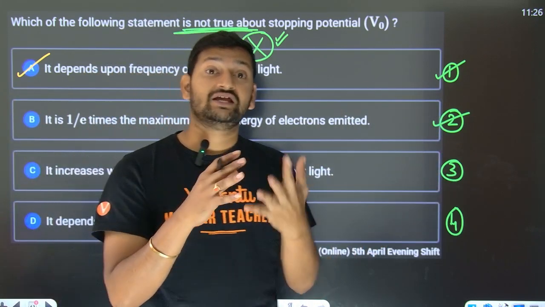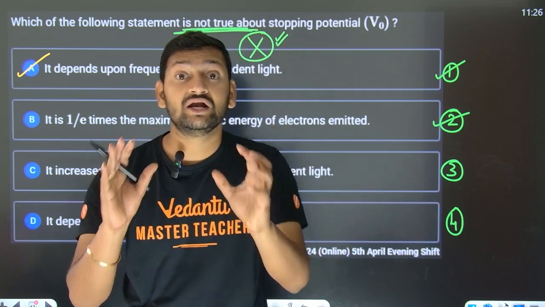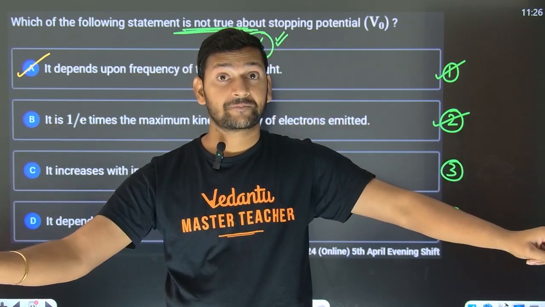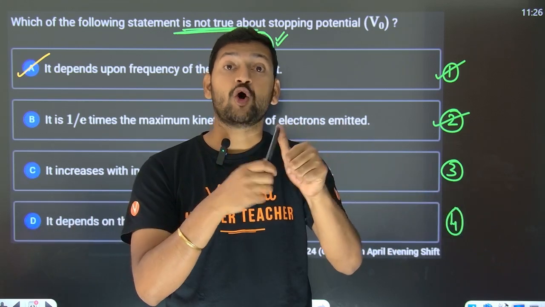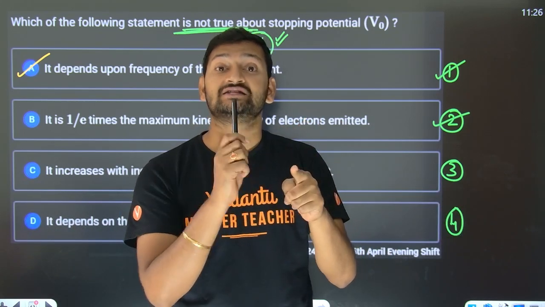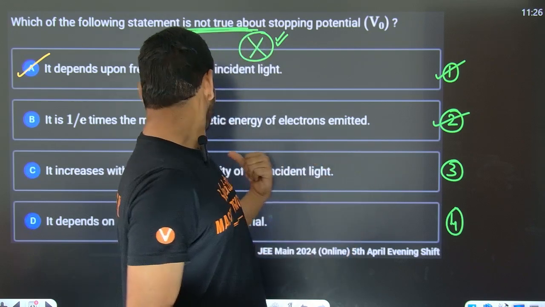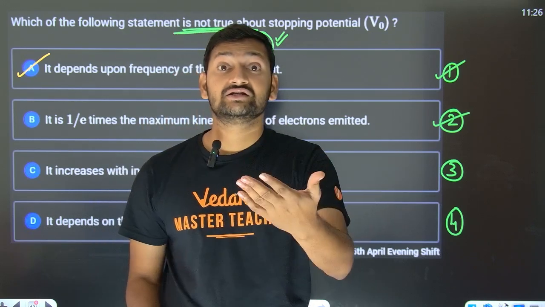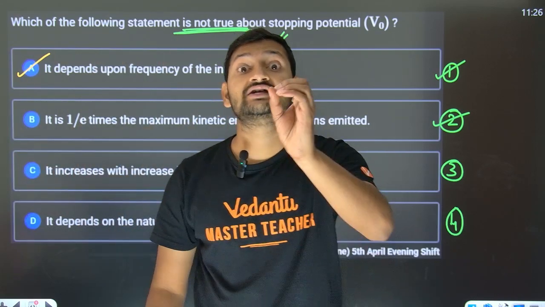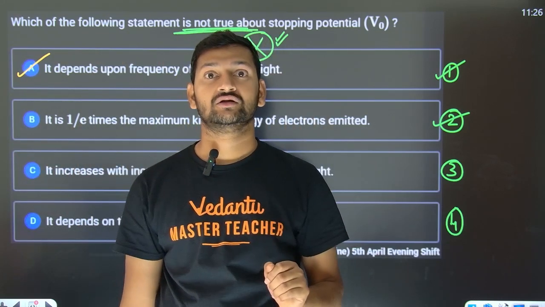In the photoelectric effect, always keep in mind, if they don't mention what intensity, whether it is a watt intensity or number intensity, you default take it as number intensity. So when they say increase in intensity, instead of sending 200 photons, now we are sending 400 photons, but you are sending the same energy photons.